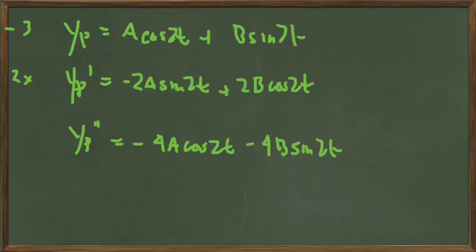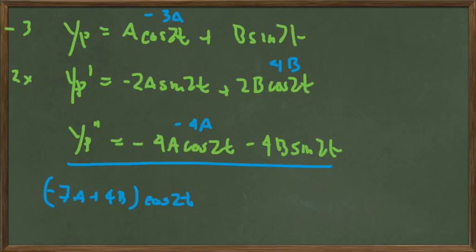So we differentiate it. So there are the derivatives, and when we combine them together with 3 of yp and 2 of yp prime, let's see here, the cosine terms are multiplied by what? Minus 3a and 4b and minus 4a, and so when we combine all that together, we get minus 7a plus 4b. And then the sines are going to be what?